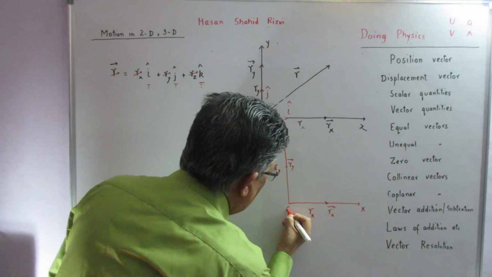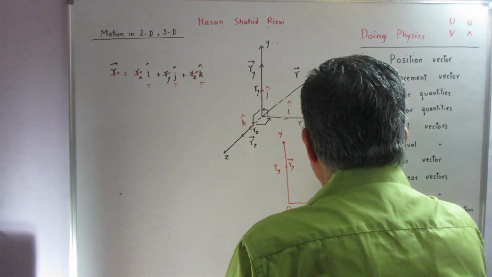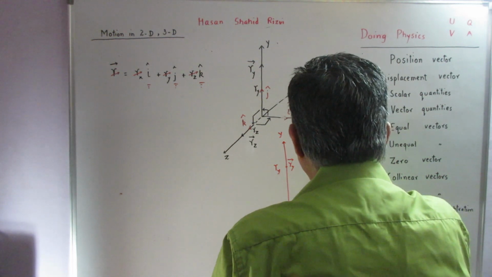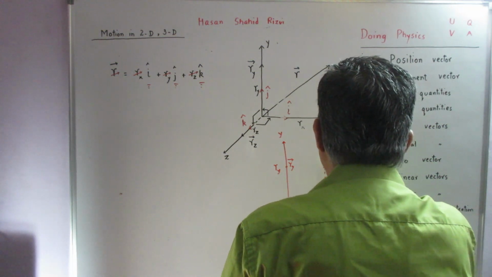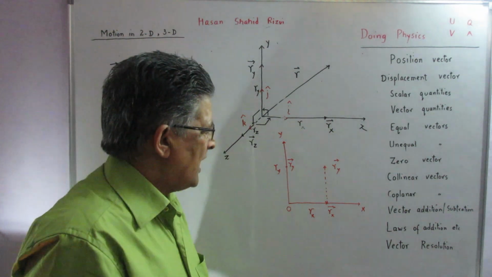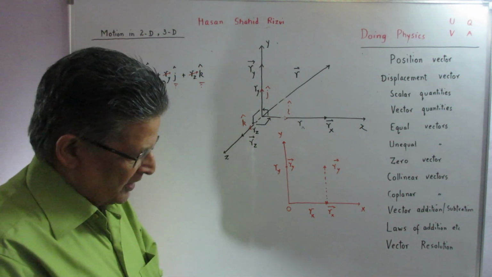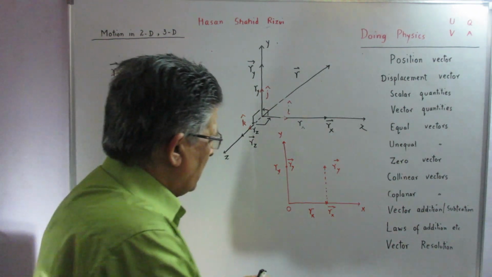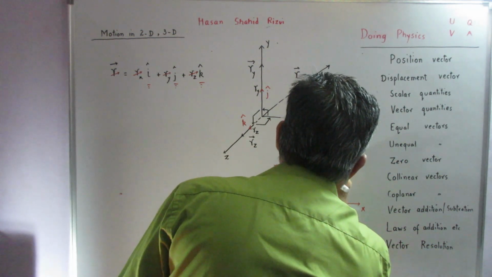What do I obtain? I can shift the vector ry to this position, I will just draw a line parallel to it, and this vector becomes nothing but a shifted vector ry. So now you can see by the parallelogram law of vectors, if you allow me to complete this parallelogram, then I have this one line from here to here.